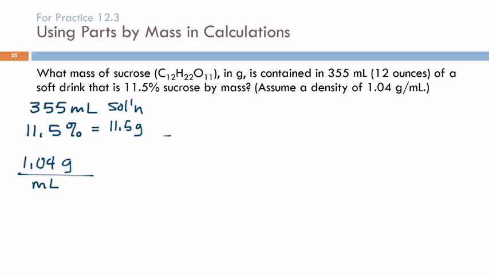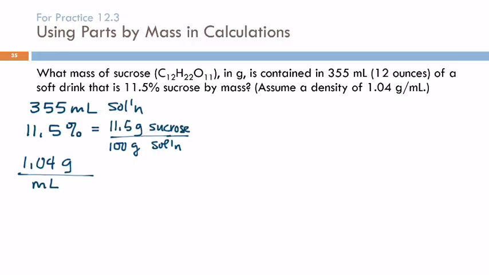Grams of what? It's 11.5 grams of sucrose per 100 grams of what? Solution. It's the whole solution. Most concentration units are per whatever of solution.